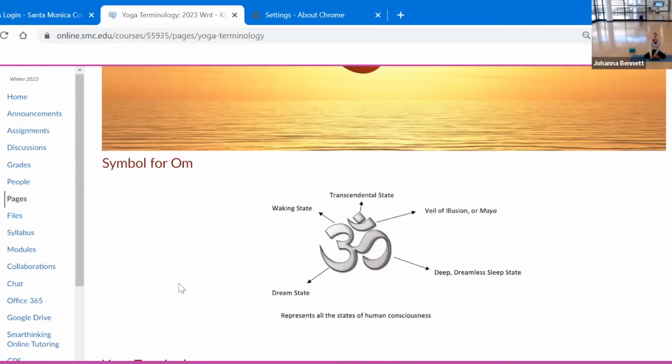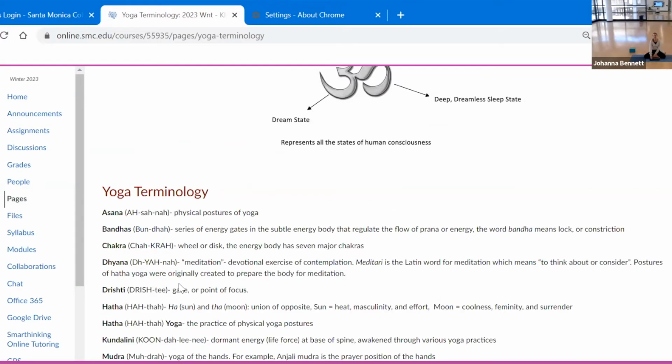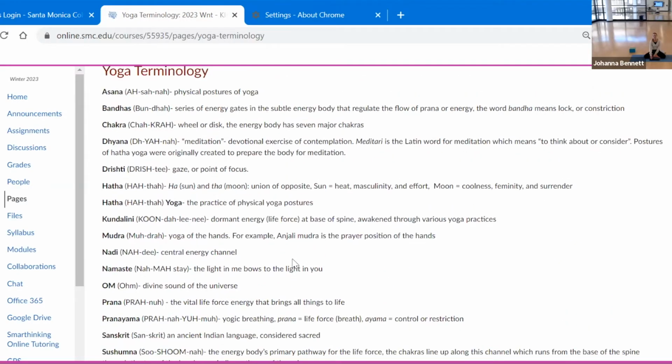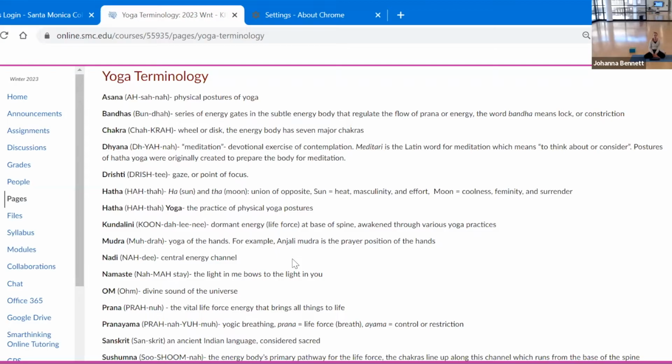I'd like for you all to go through this and read this information. This will be important for when we have our final. Different terminology that you have probably heard me already using, such as asana and bandhas, which we worked on a little bit last week, are subtle energy centers that allow us to contract the energy and release it so that the prana will flow more smoothly.